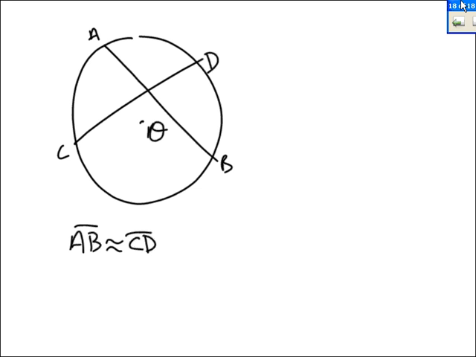Line segment AB and CD, same length. And you want to conclude that the arcs AC and BD are the same. This arc and that arc, you want to show that they're the same.